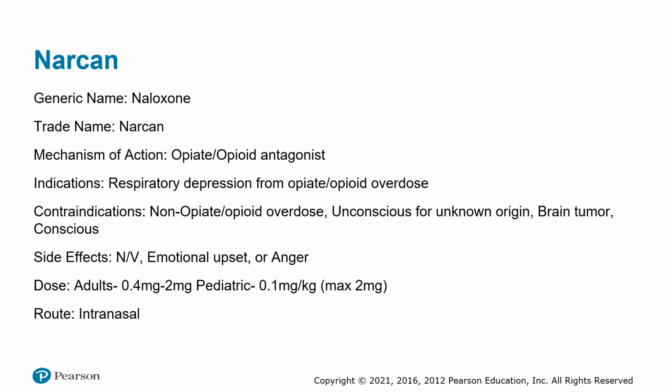Narcan, this is given for an opiate or opioid antagonist. Indications are respiratory depression from that opiate or opioid. Contraindications would be a non-opiate or opioid overdose, such as marijuana.